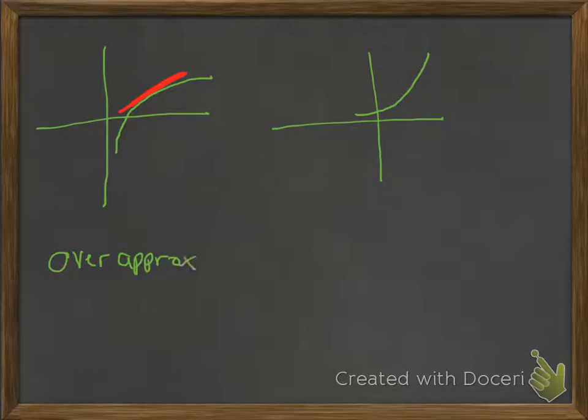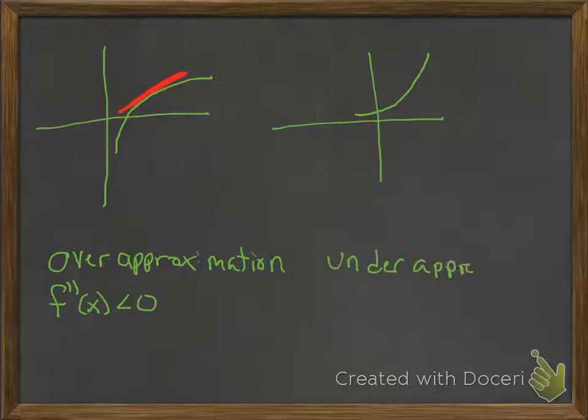Over-approximation happens when my second derivative, notice I'm concave down, so that's when my second derivative, f double prime of x, is less than 0. But I've under-approximated because my line would be underneath the curve when my f double prime of x is greater than 0. So those are how we tell our under and over approximations.